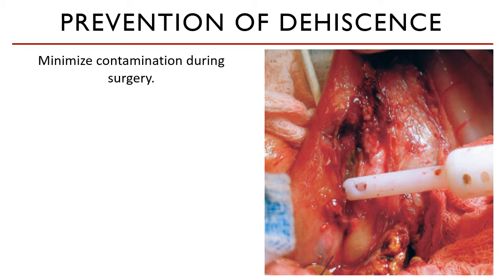The small intestine is full of intraluminal microbes, and when these microbes get in contact with other organs, it can easily cause contamination and infection. Make sure to aseptically pack the surgical area with your laparotomy sponges.